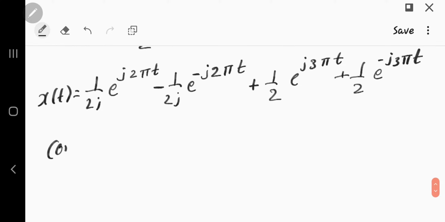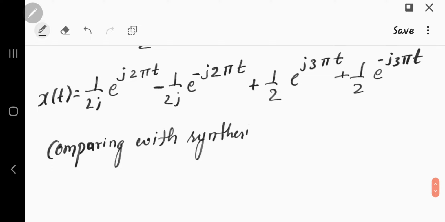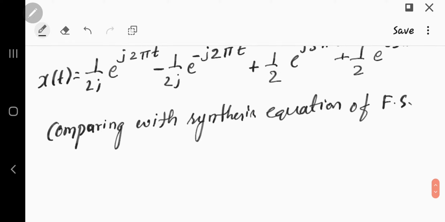Okay, let's compare with the synthesis equation of Fourier series.